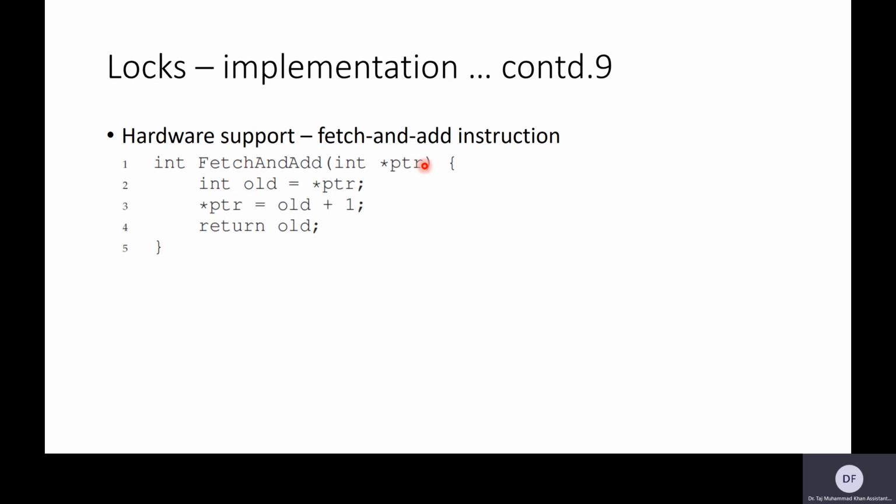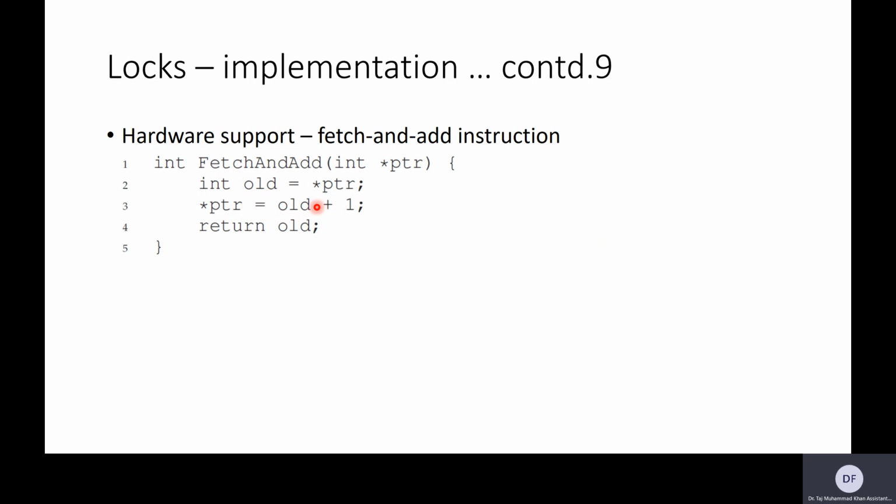It takes an address, updates the value at that address, and returns the old value at that address as an int. The new value at the address is incremented. So, fetch and add will fetch the old value and increment the value at that address.